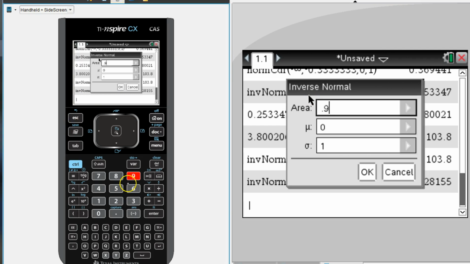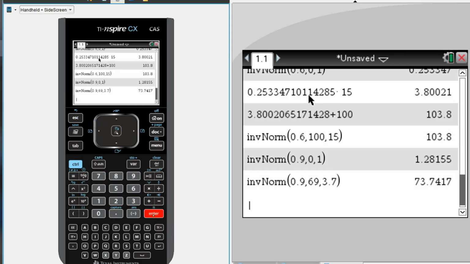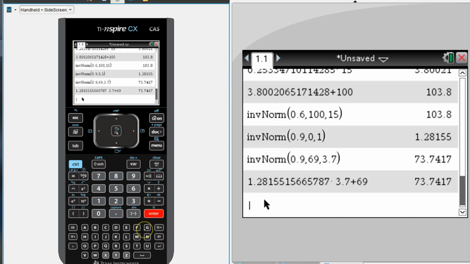Top 10% is the lower 90%, mean of 69 inches, and 3.7. And that would be the same thing as taking this number, timesing it by the standard deviation, and adding the mean over. So either way you do it, you should get 73.74.